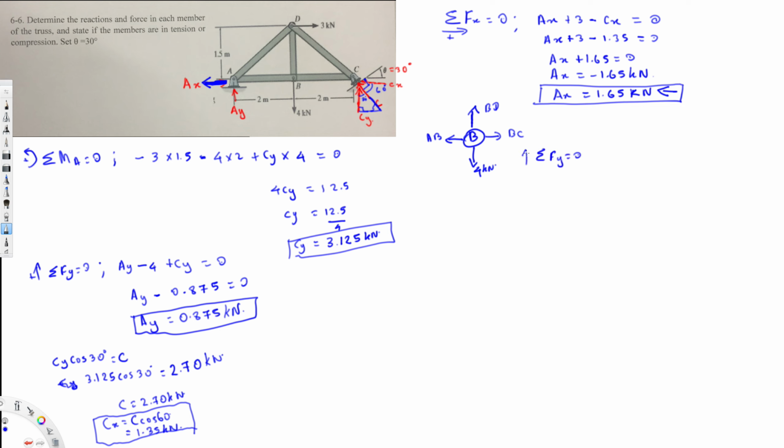If I take the upper direction positive, this is going to be BD minus 4 equal to 0. So BD is going to be equal to 4 kilonewton. Since the answer is positive, we know the direction is right, therefore this is a tension, because if you see something going away from this pin joint, it's in tension.